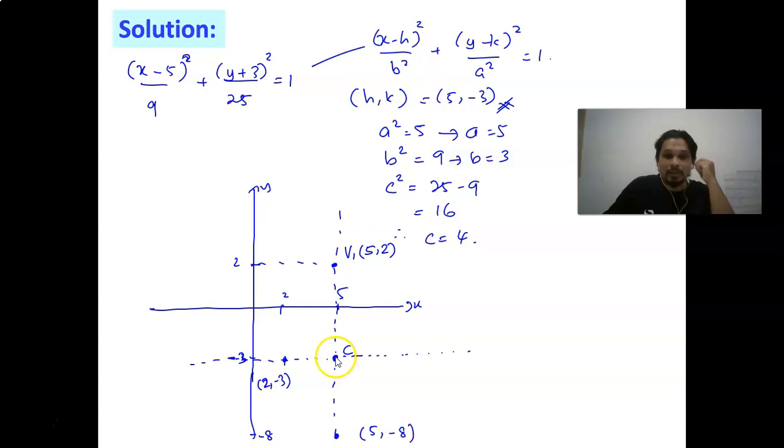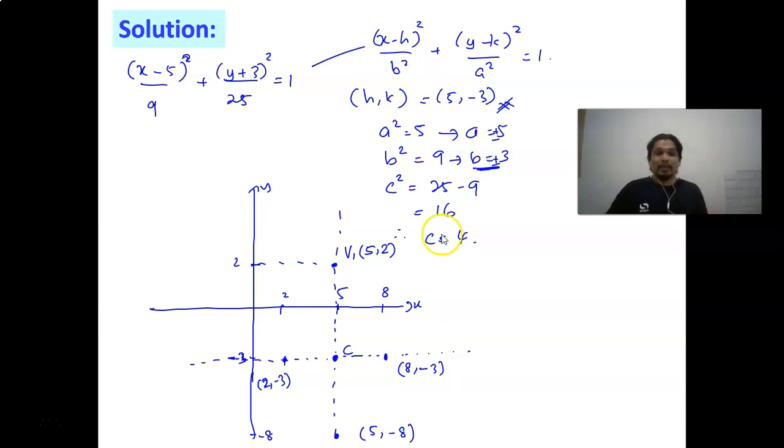And from here, move 3 units to the right. b equal to 3 here, plus minus 3, plus minus 5. So move 3 units to the left, move 3 units to the right. 5 plus 3 equal to 8. So this is x equal to 8, and y equal to negative 3.